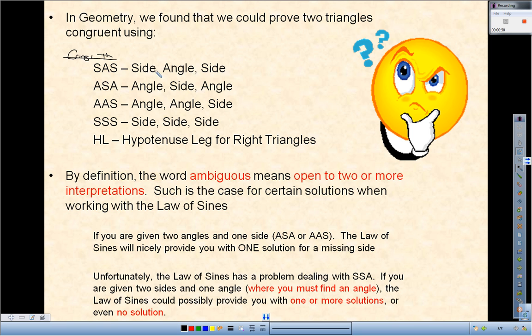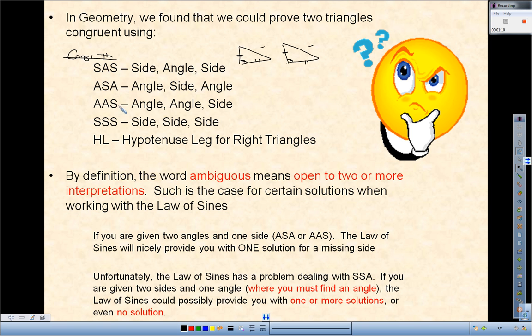So for example, with side, angle, side, if this side was equal to this side, and this angle was equal to this angle, and this side was equal to this side, then you could say that both of these triangles were congruent by those congruency theorems.